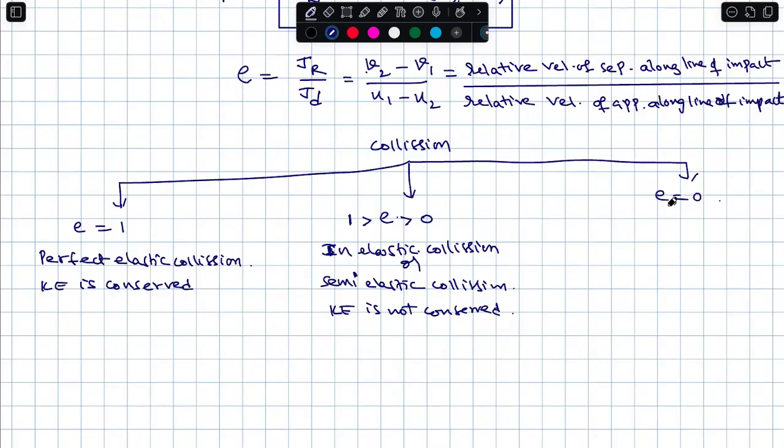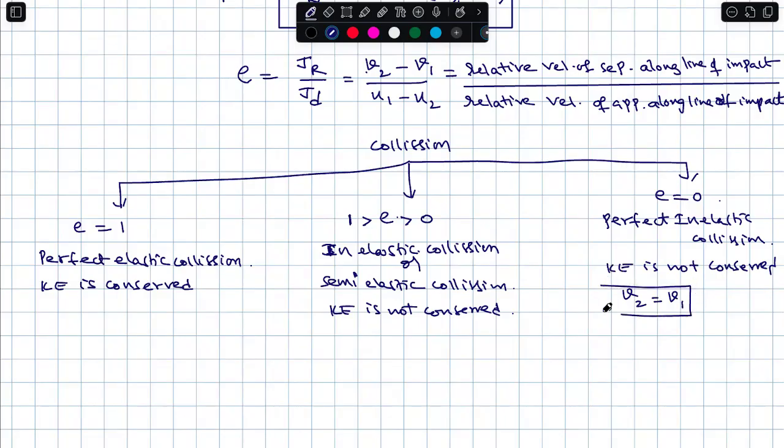e is equal to 0. This is called perfect inelastic collision. Plastic collision, they also call it, but I don't want to use that terminology here. In this case, KE is not conserved. And one more important point is v2 is v1 in this case.